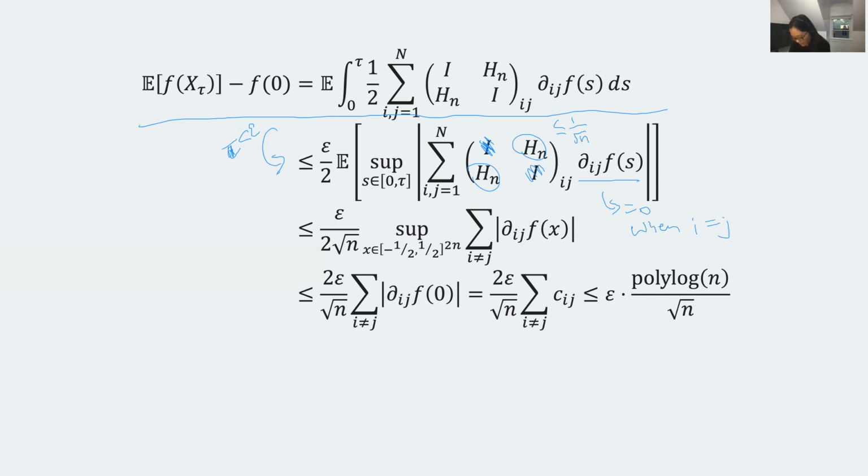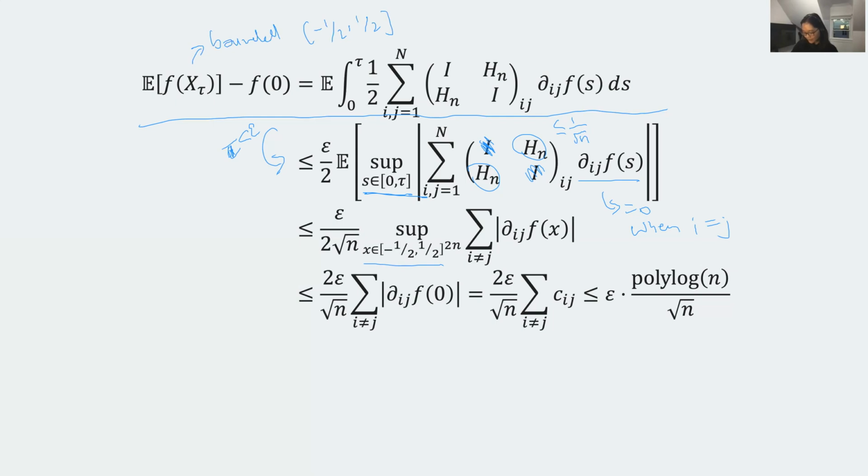And so once I do that, I can say that instead of looking over s between 0 and tau, for every x tau, since it is bounded within minus a half to a half, I can instead take the supremum over the x bounded by minus a half to half.